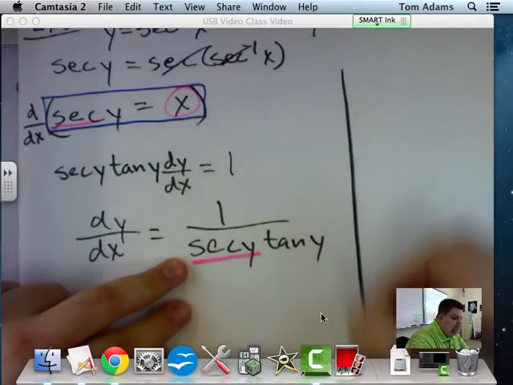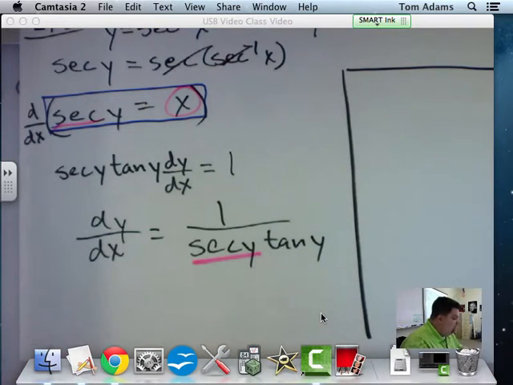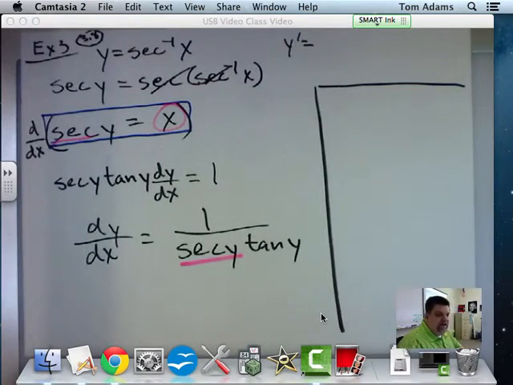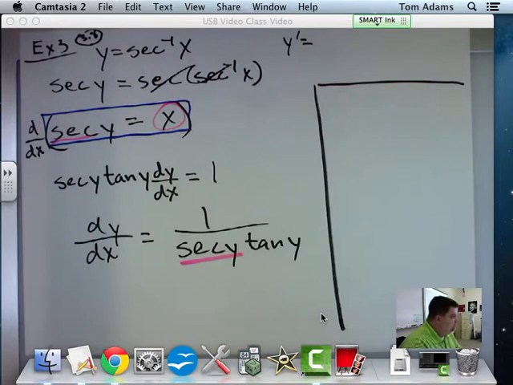Is that sec or csc? Sec. It's secant, it's okay. So now what do we do? Well, who remembers what secant is? What's another way to write it? 1 over cosine.